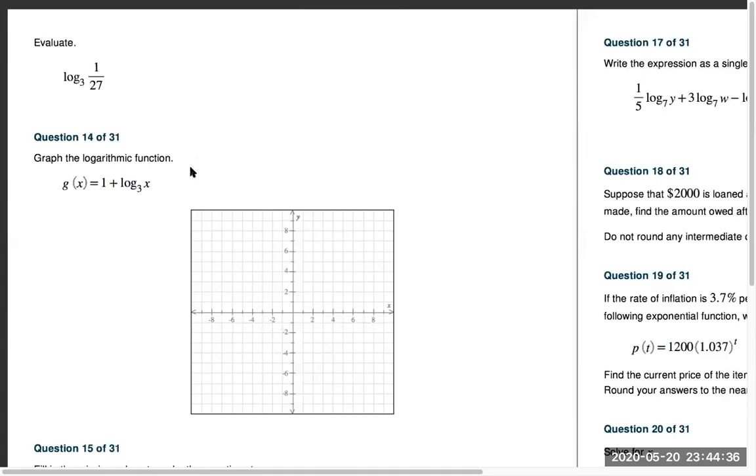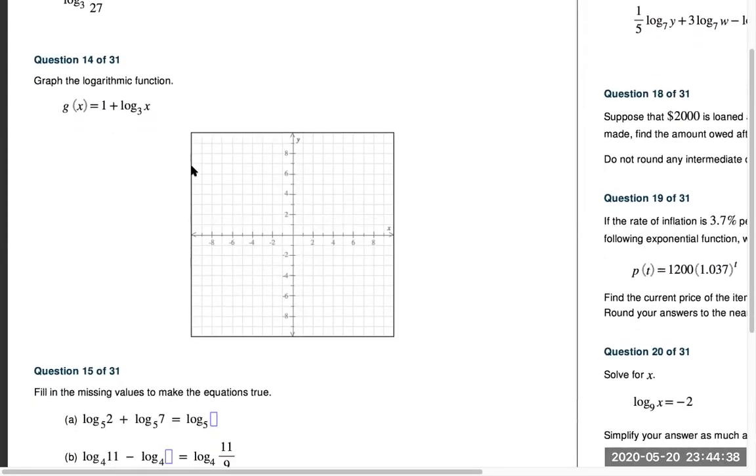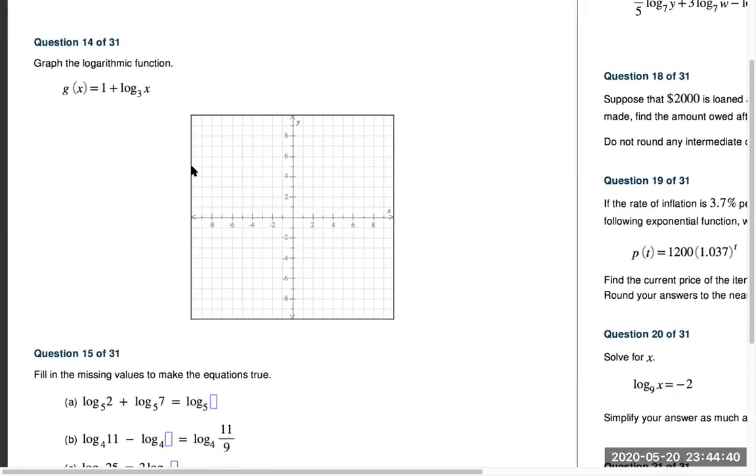So we can see a graphing problem here. We're asked to graph the logarithmic function g of x equals 1 plus log base 3 of x.